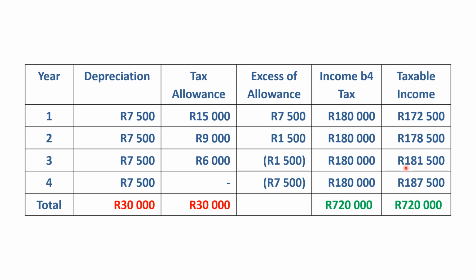Now in year 3, we start reversing. Now we're deducting, if I may say, less allowance, which increases our taxable profit. And in year 4, the same thing. But if you accumulate the accounting profit for the 4 years, it's still giving you 720, which is the same as the sum of all the taxable profit per period.